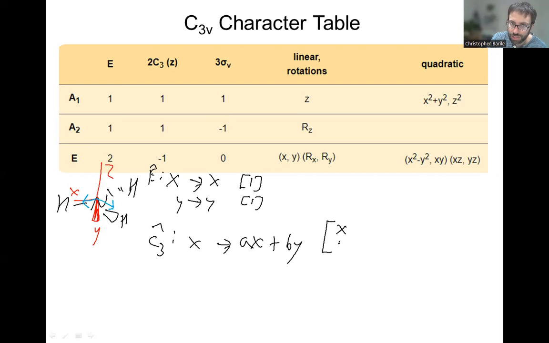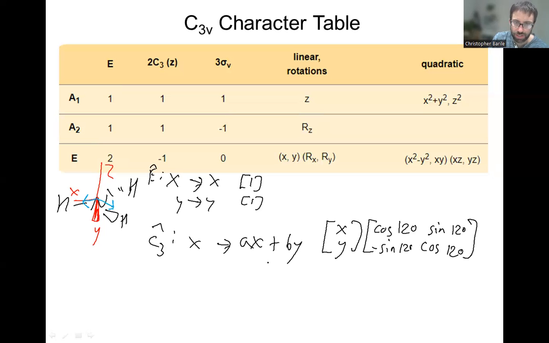And the rotation function says that basically it's going to go by cosine of theta. So theta here is 120 degrees. And we're going to have cosine theta on this diagonal. And it's going to be sine 120 and negative sine 120. And so that's how it's going to transform. Okay? So what this tells you is that x doesn't go in x, x doesn't go in y, x goes in a combination of x and y. And guess what? Y is going to do the same sort of thing.